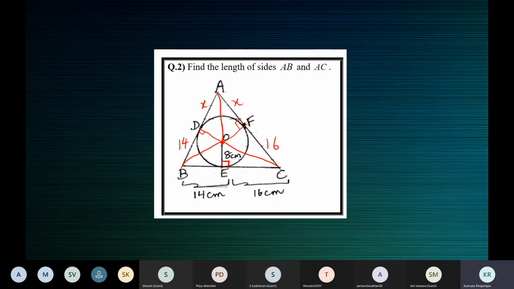So now you have the sides X plus 14, X plus 16, and 30.